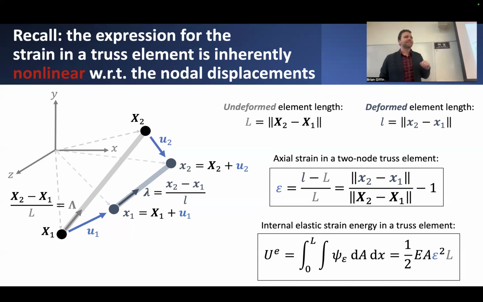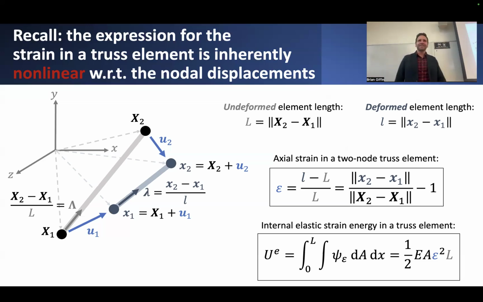The first box here shows the axial strain, this single quantity, which we assume is constant throughout this whole member. But the problem that we ran into when we were formulating expressions for the linearized stiffness matrix of these truss elements was that this expression was inherently nonlinear.